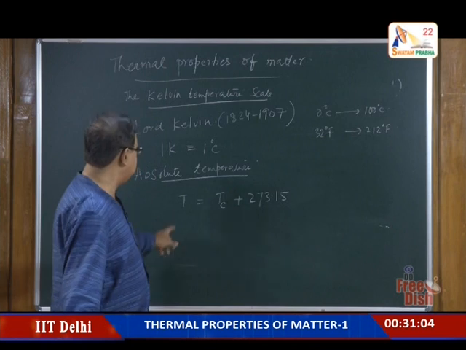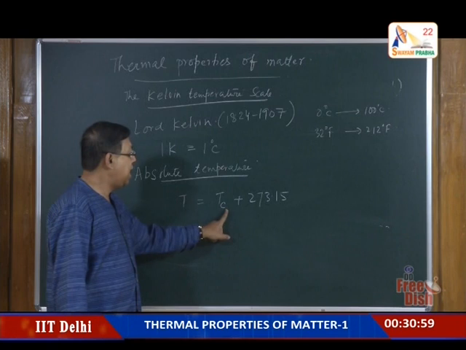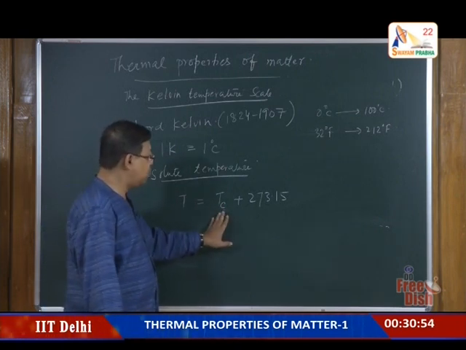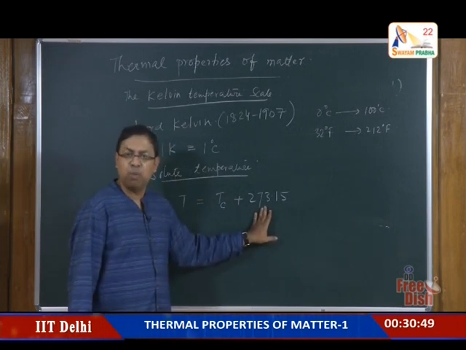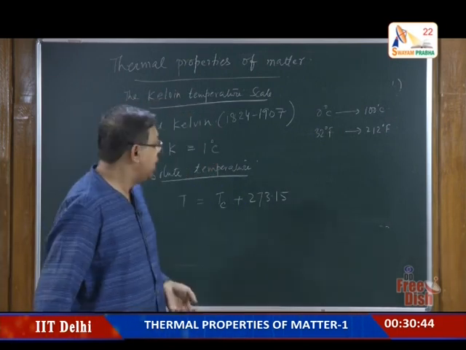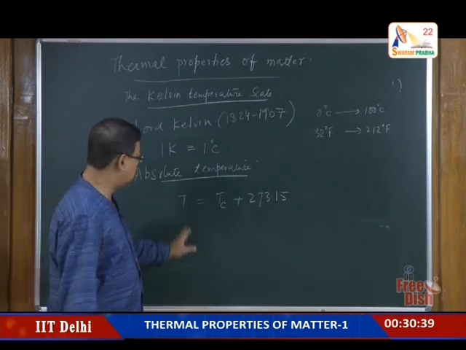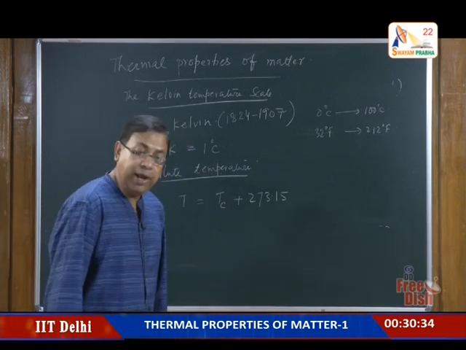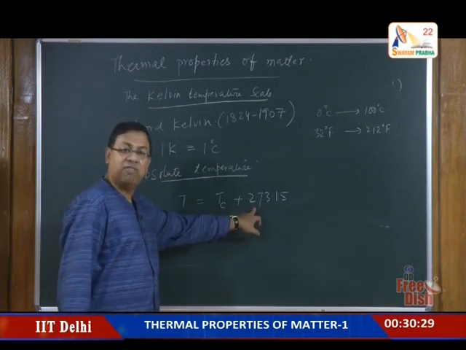So, this T is the temperature in the Kelvin scale, and Tc is the temperature in the Celsius scale. Any temperature in the Celsius scale has to have this number 273.15, which is an experimentally observed number, added to it in order to get the temperature in the Kelvin scale. So, an ice point where Tc is equal to 0 corresponds to 273.15 Kelvin.